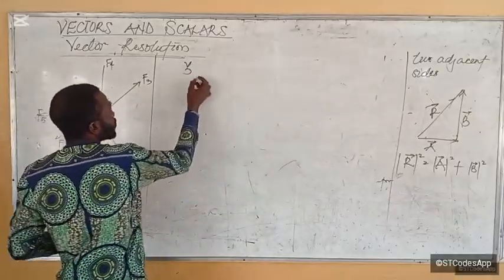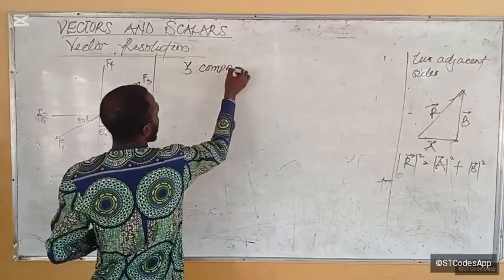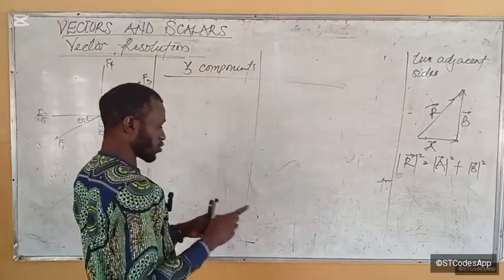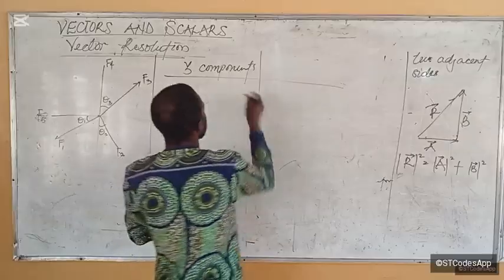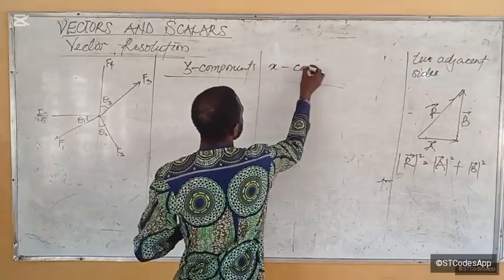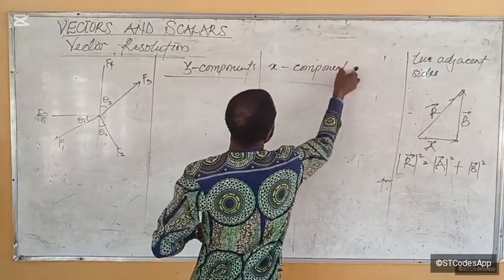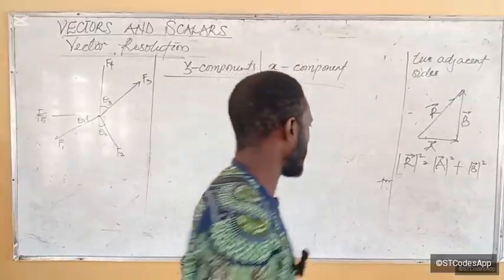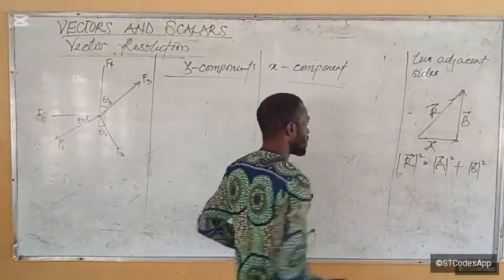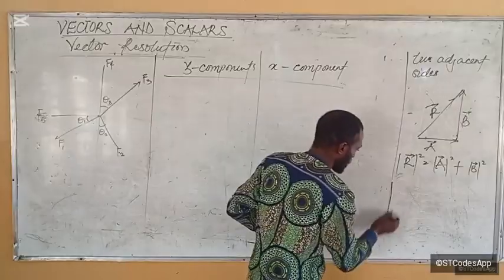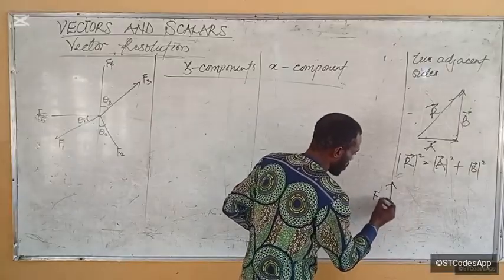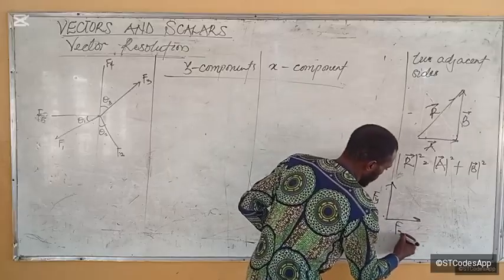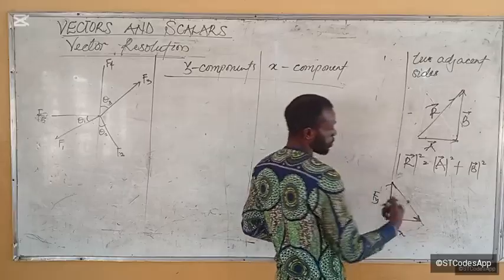Alright, so what we have to do is resolve them into all of their components. So we have the forces on Y component and the vectors on X component. By separating them this way, we can now take the resultant. The forces that are exactly on Y component, we call them Fy, and the forces on X component, we call them Fx, so that this will now be the resultant.